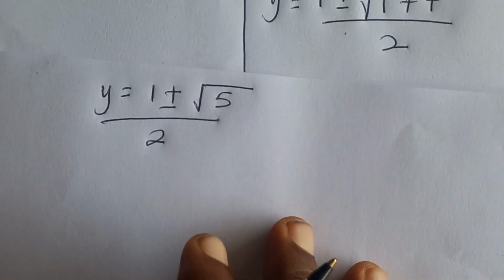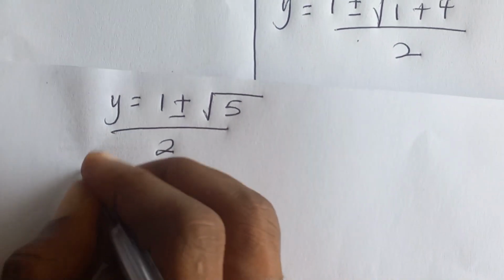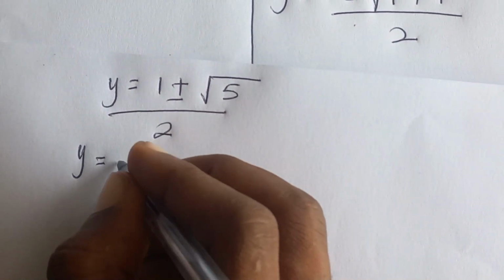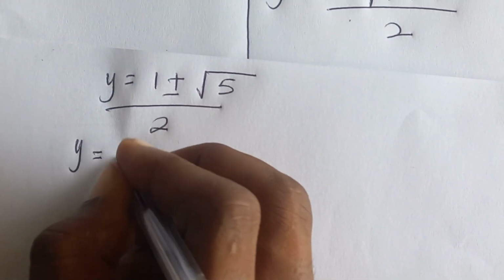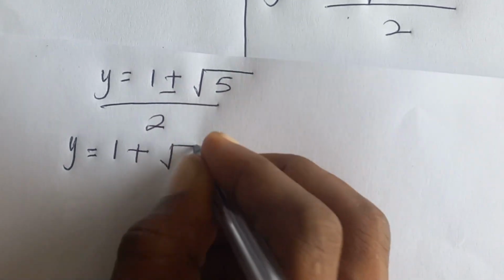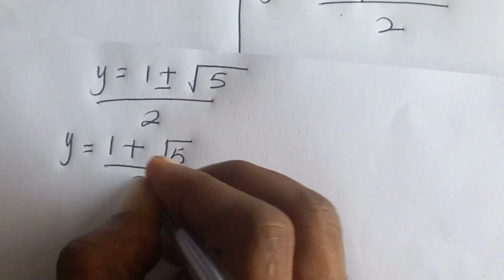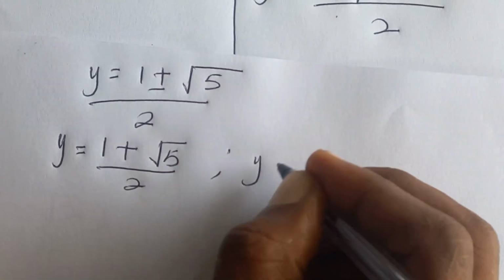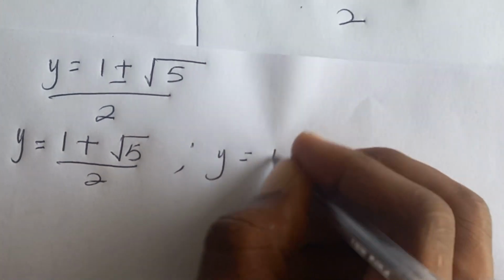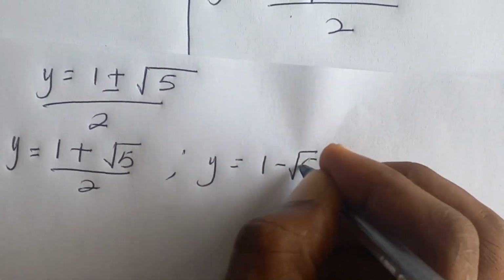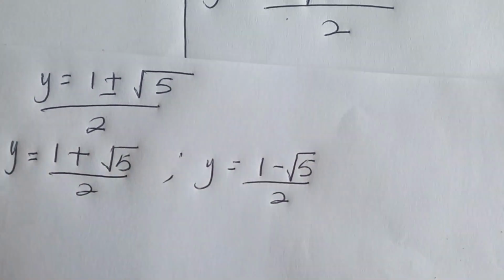Okay, so now with this we have y is equal to, so to the positive side we are going to get 1 plus root of 5 on 2, and then y is equal to 1 minus root of 5 on 2.